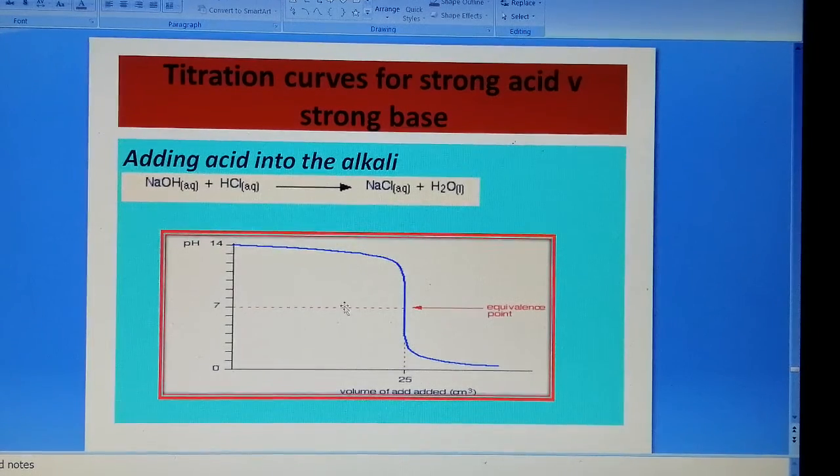If you look at the shapes of the titration curves, you should be able to know which is added to what. Either we are taking a base in the beginning and then adding acid. How do you know that? You have to see the pH at 0 volume. Here it is 14. So we are taking a base and adding acid into that.